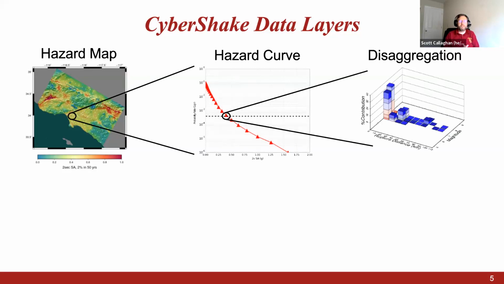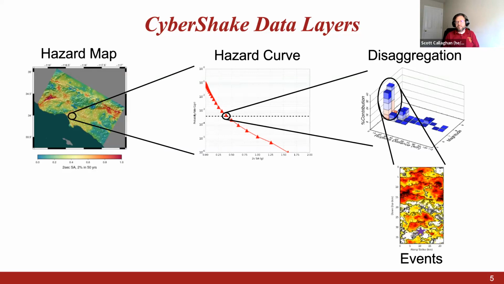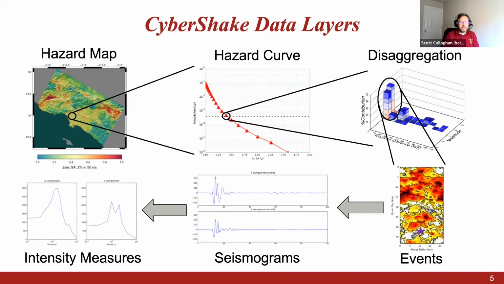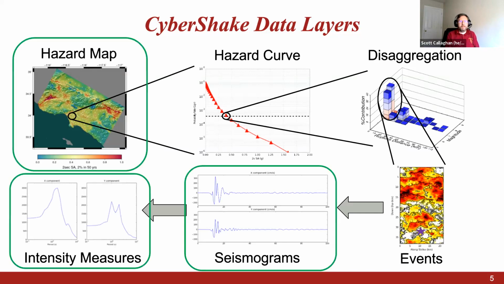You could then pick a location on the hazard curve and disaggregate it and say, at this probability level, what events contribute most to the ground motion here? And then you could look at the particular event, at the seismogram that event generated at this site, or at the intensity measures that come out of that. In today's training, we're going to talk about these three data products: the hazard map, the seismograms, and the intensity measures.